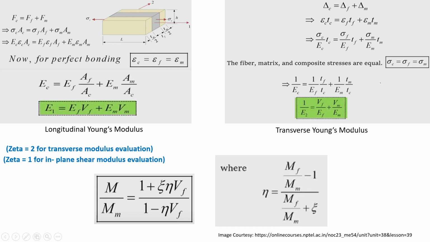Now, it has been seen that when we calculate the transverse Young's modulus and the shear modulus by this equation, then the values are very much different from the experimental value. That's why comes the Halpin-Tsai method. You can see these are the equations for the method. One thing you have to always remember when you are doing this method, for transverse modulus evaluation, zeta will be equal to 2, and for in-plane shear modulus evaluation, the zeta value will be equal to 1.